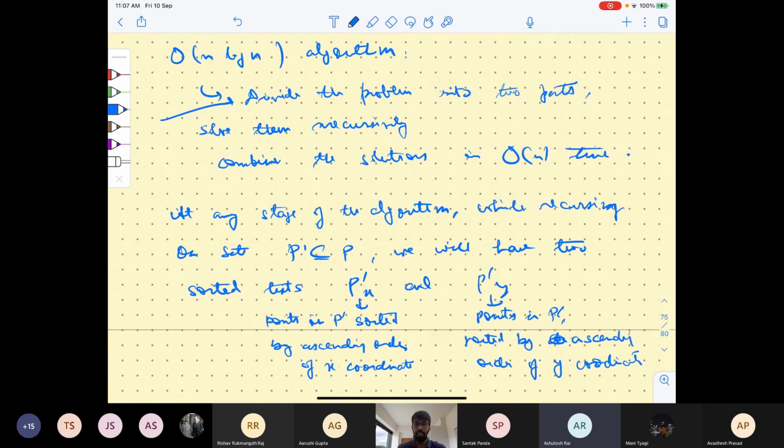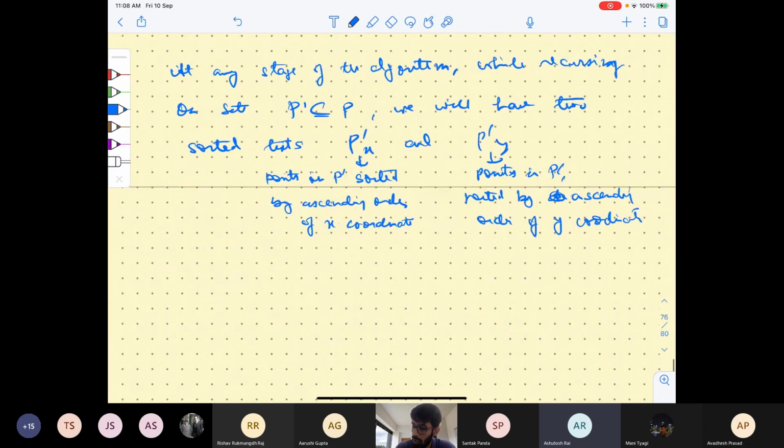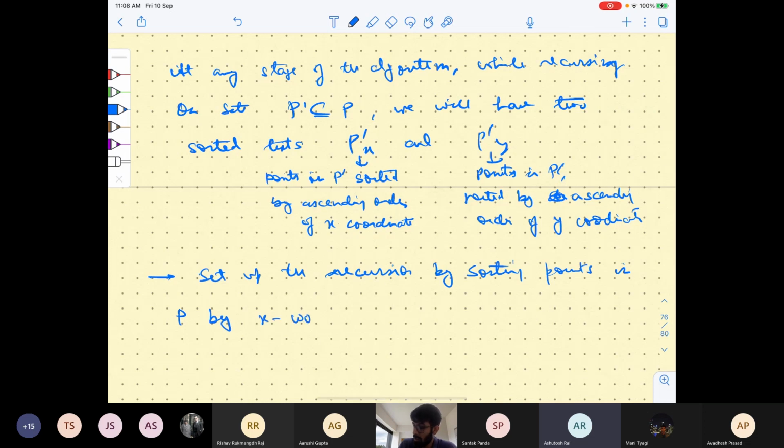This is something we'll need, but you don't need to work again and again for it. Once you sort all the points, you have got the thing. So we'll set up the recursion by sorting the points in P by X coordinate and Y coordinate.